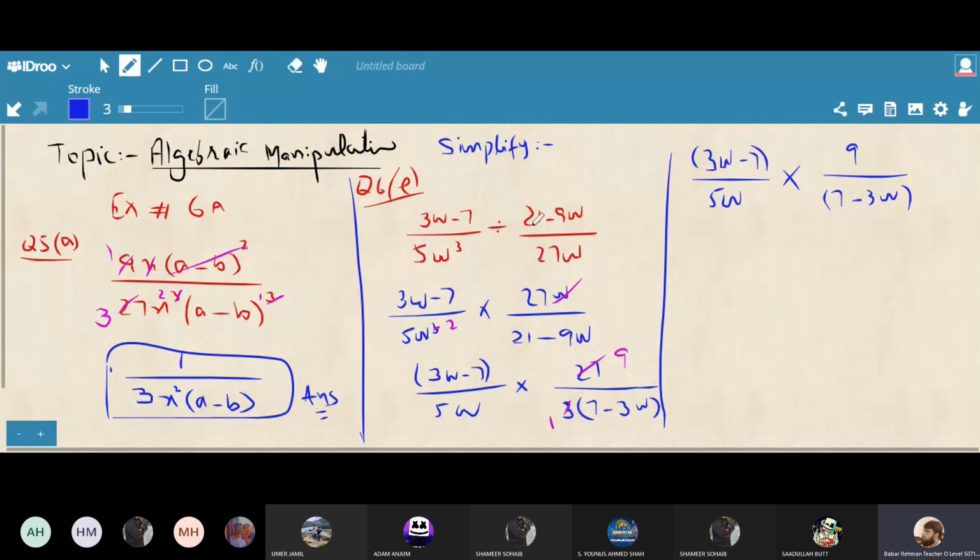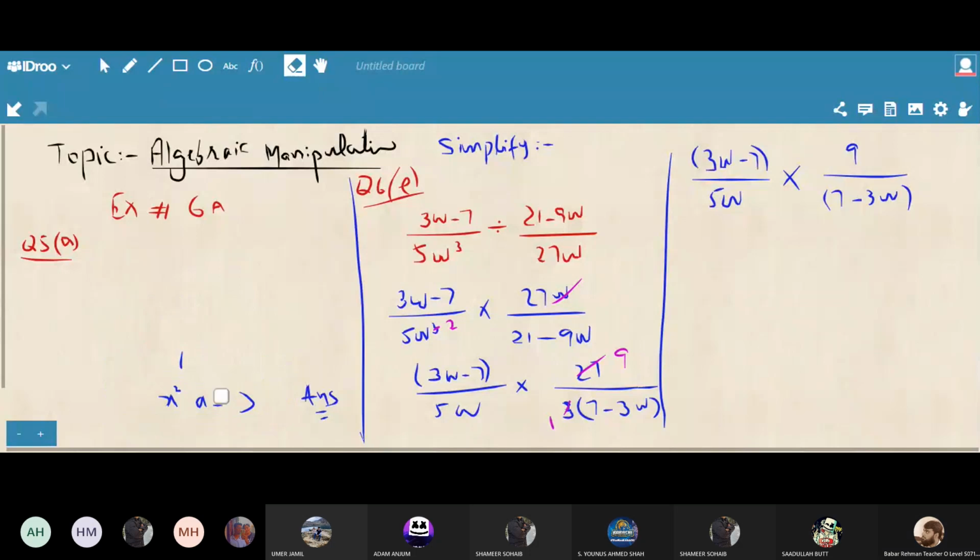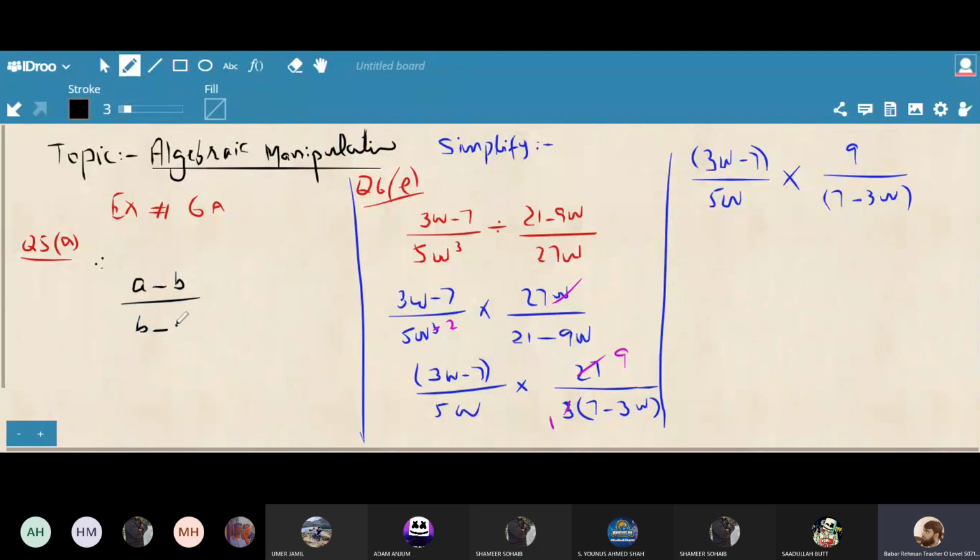Let me erase this and then I will tell you why this cannot be cancelled. Students, very important. I want to give you the hint of this in black color. Please keep in your mind that A minus B, and I write over here B minus A. Beta, these cannot be cancelled unless they are the same. Means A minus B can be cancelled by A minus B, so both fractions can be the same with sign.